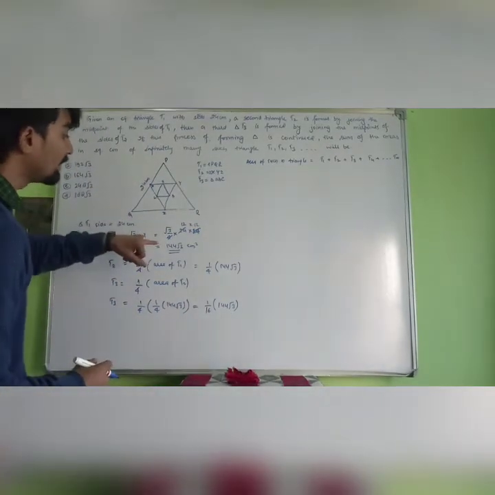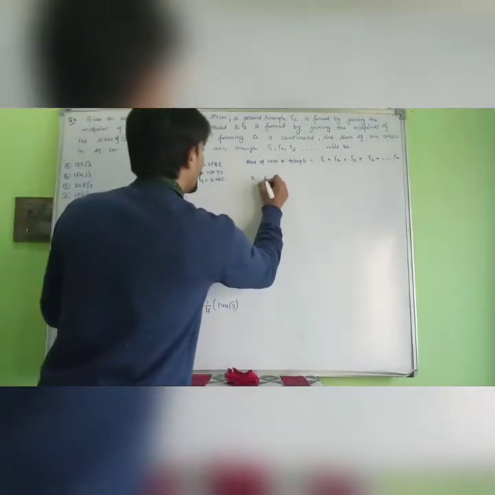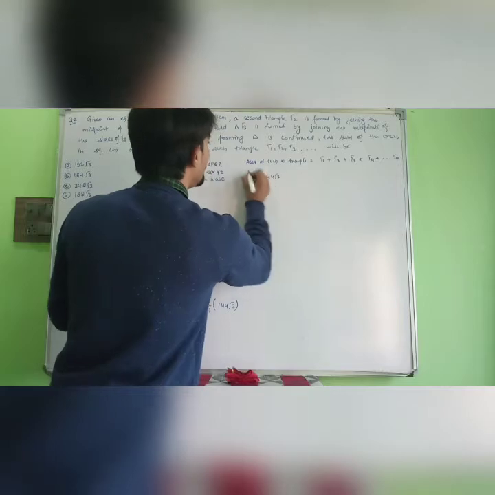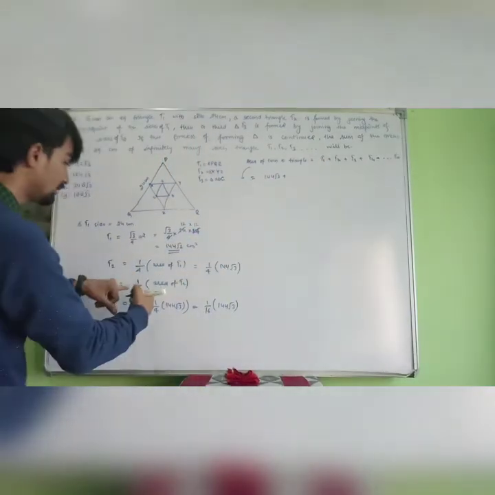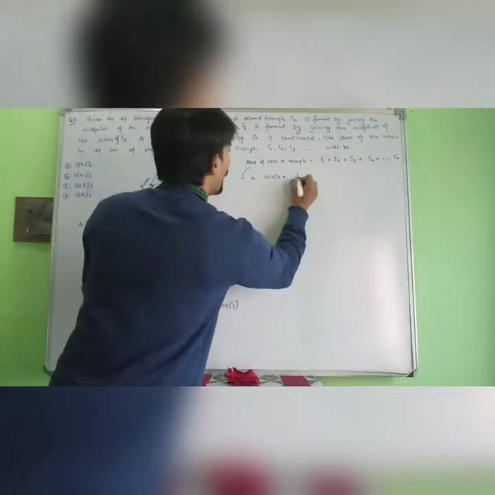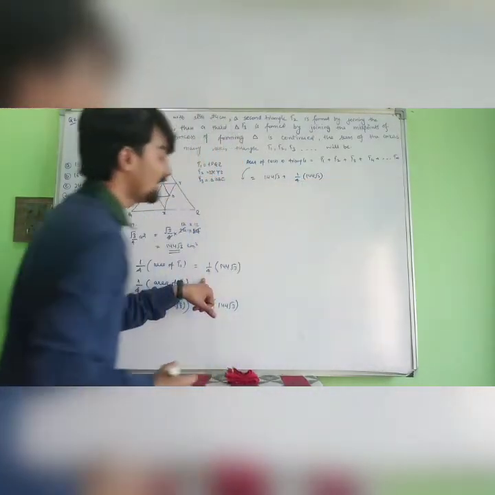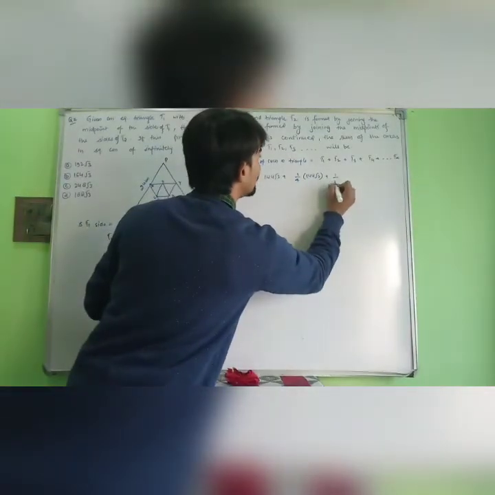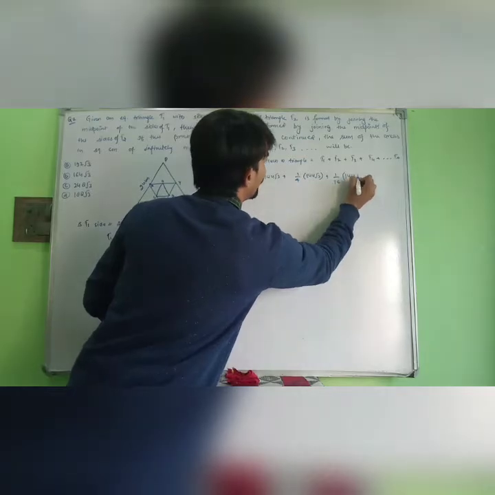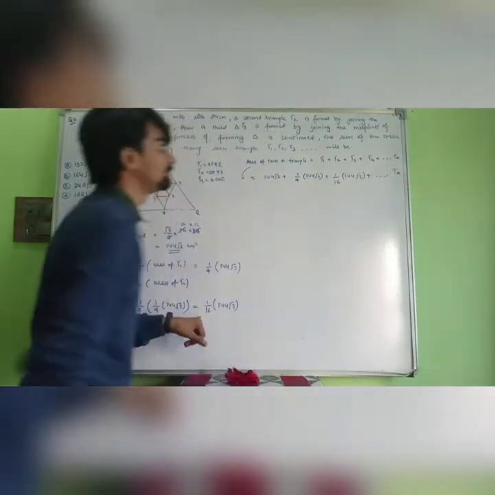Now if we see, it is forming a GP series, like 144 root 3 plus area of T2, which is 1 upon 4 into 144 root 3, right? Area of T3 is 1 upon 16 into 144 root 3, plus so on to infinity.